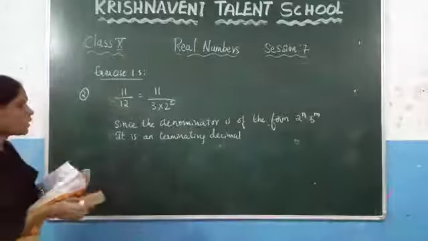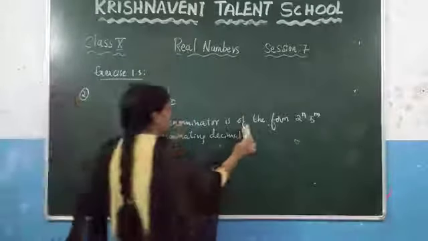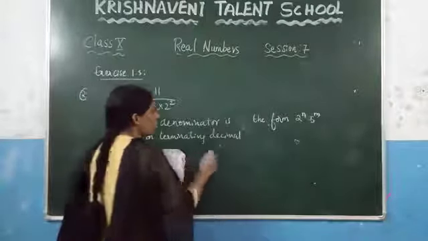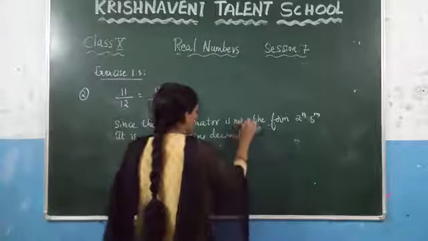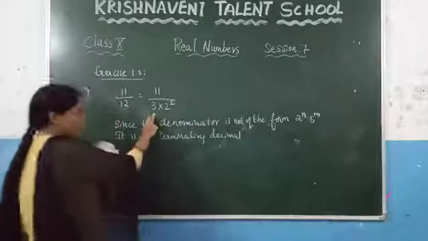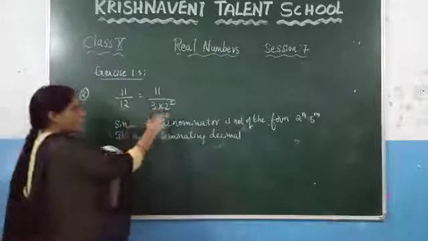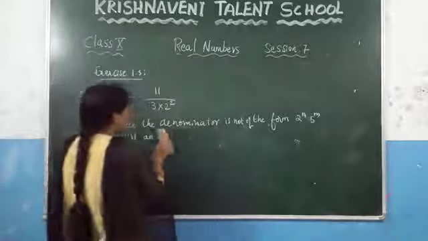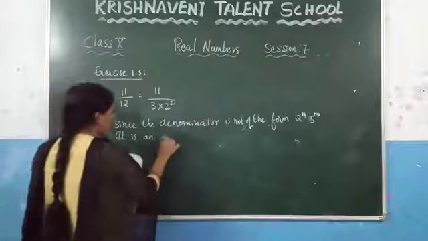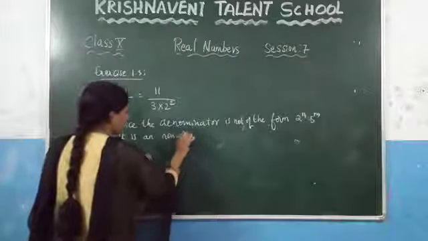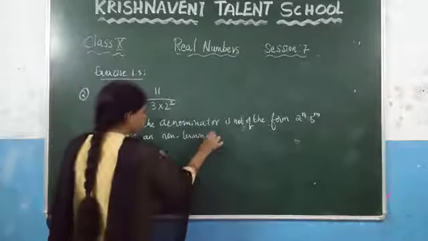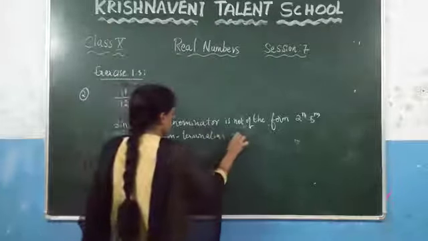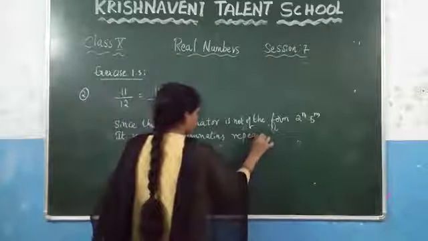Here you can observe that the denominator is not of the form 2 power n and 5 power n. So we can say that it is which decimal? Non-terminating repeating decimal.